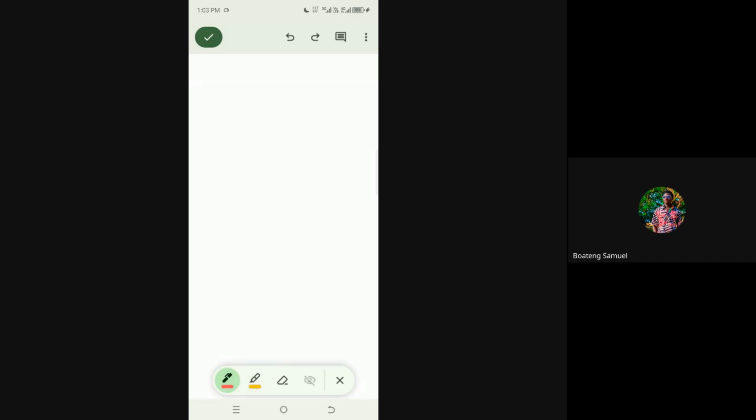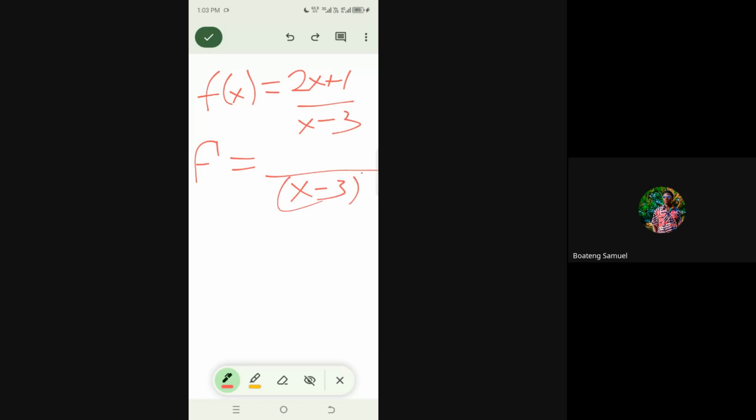We know this is 2x plus 1 all over x minus 3. Let's find f prime. We are going to use the quotient rule, so we have x minus 3 all squared.